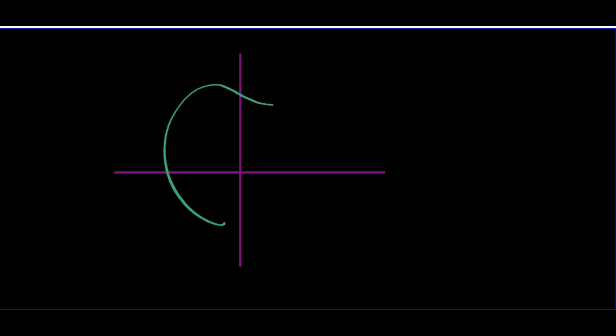Let's suppose that we have some kind of curve, and let me just draw it here. Let's suppose this is a curve that came about from us sketching r equals f of theta.